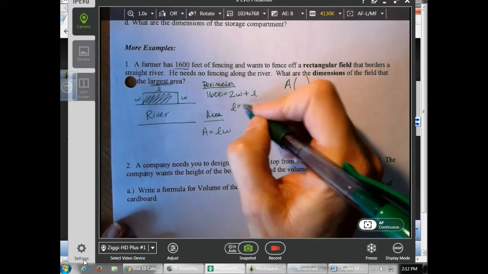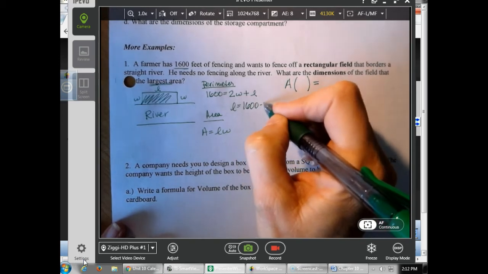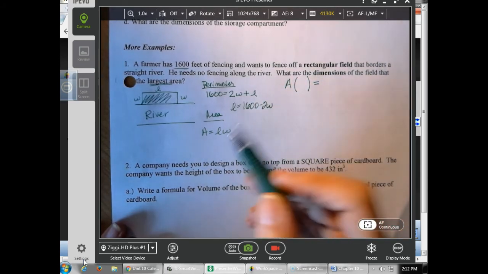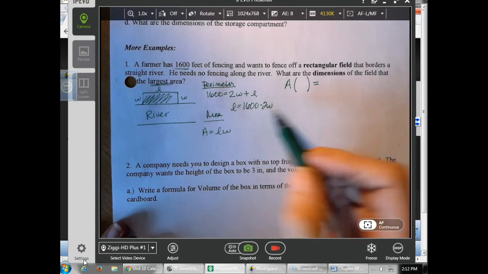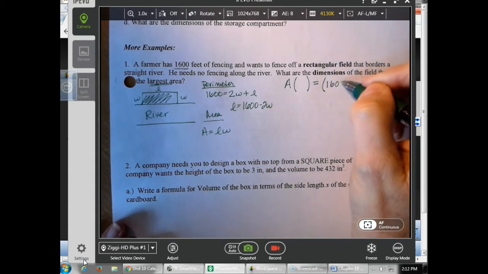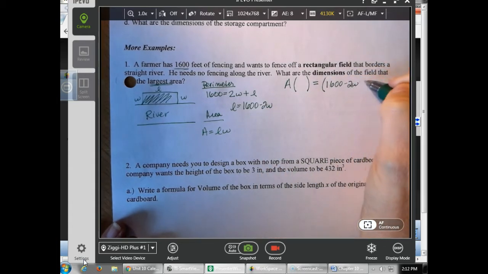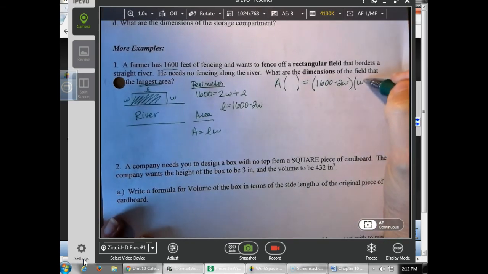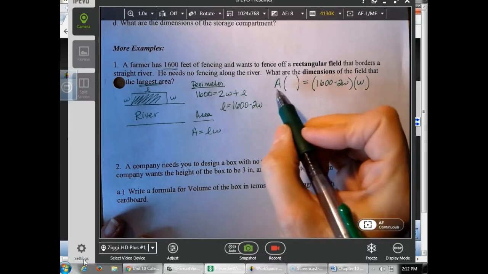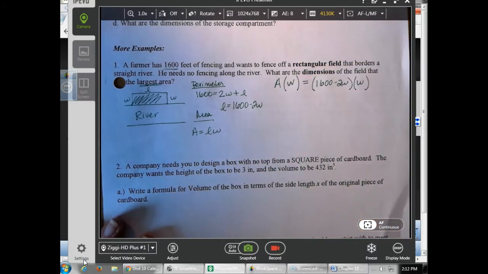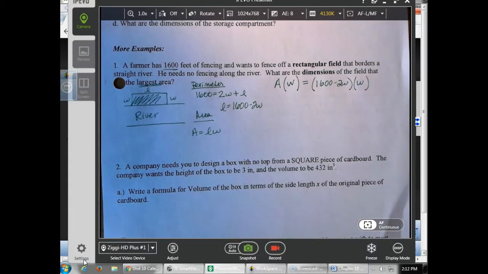So L is just going to be 1,600 minus 2W. So when I do length, I'm actually going to put in 1,600 minus 2W, and that will be times the width as well. So I have length and width. So this is a function for area based on width. So that's how we're going to write that out.